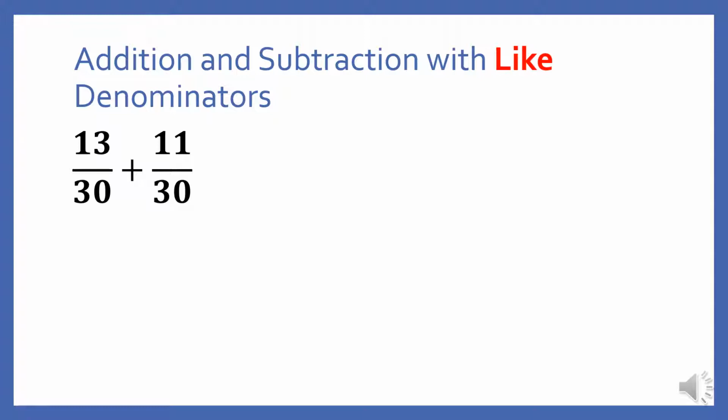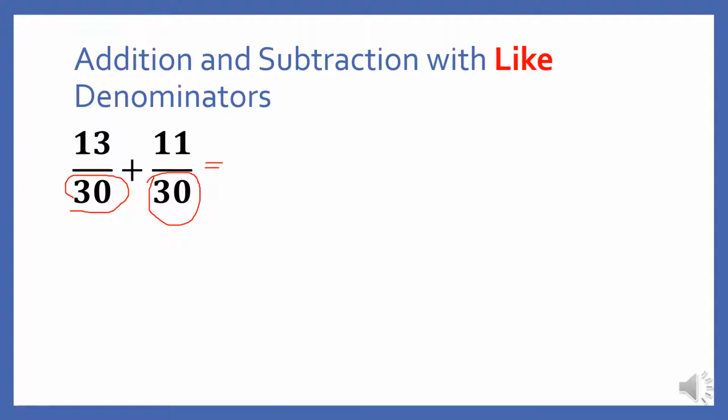And if we don't have common denominators, then we need to find the LCM, the lowest common multiple. And if you have not looked at our tutorial on LCM as yet, then you need to do that before looking at this lesson. Now, as we can see here, we have common denominators, we have like denominators. So there is no need to find the LCM.